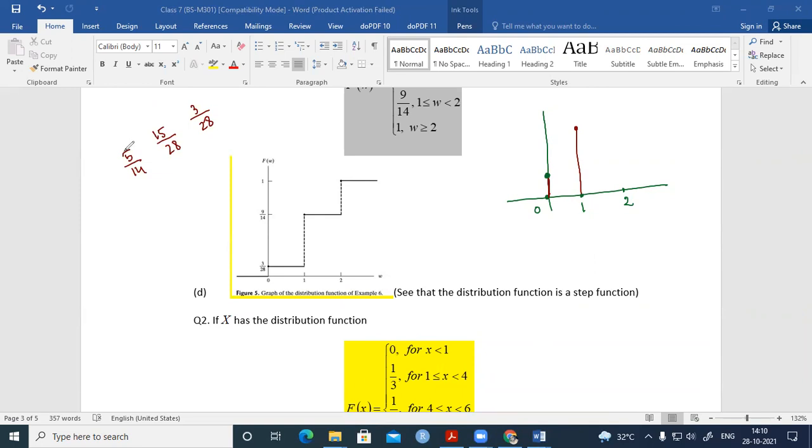Now, obviously, 5 by 14 is equivalent to 10 by 28, and the value 3 by 28. I'm roughly speaking here. No, the figure I'm not drawing correctly. Let me redo it.